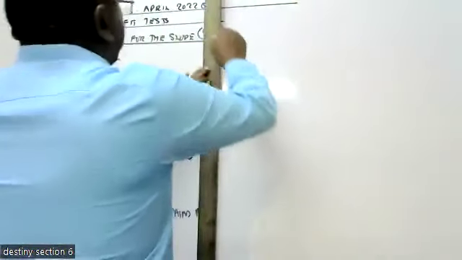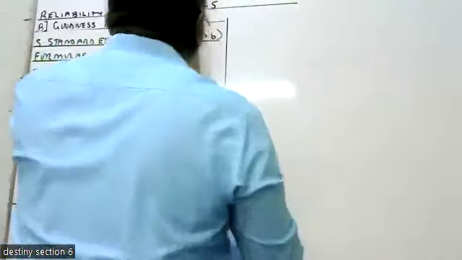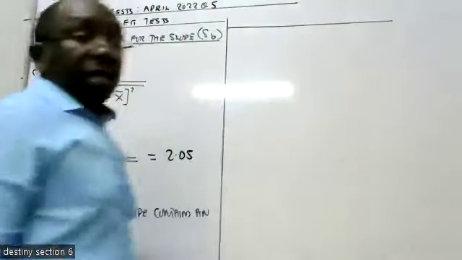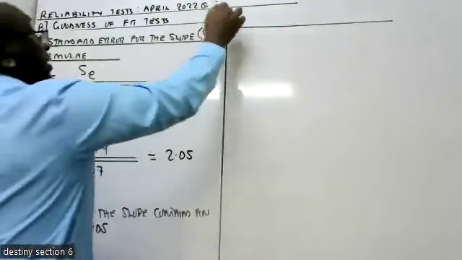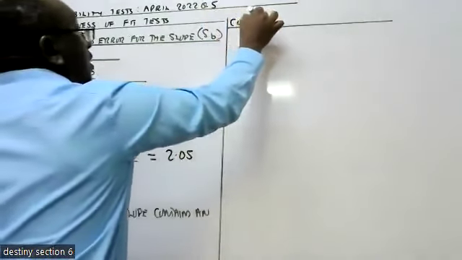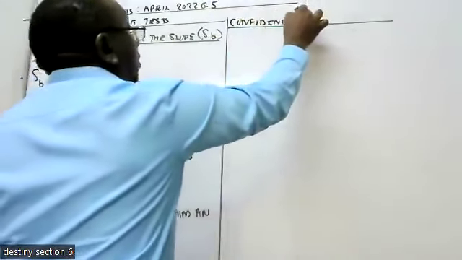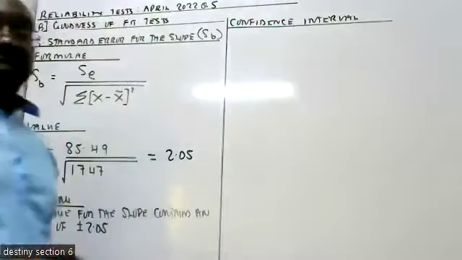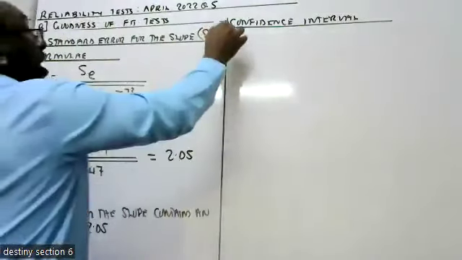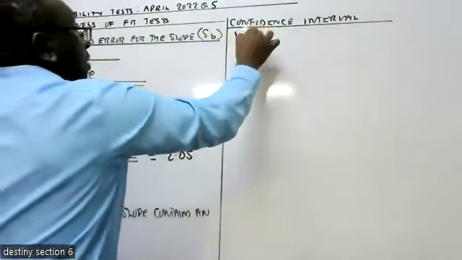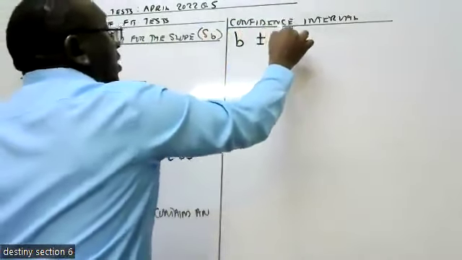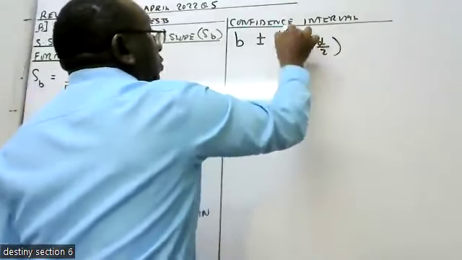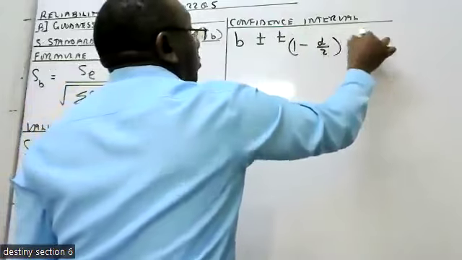Now in that case, they may ask you to get the confidence interval. If they want the confidence interval, the formula is B plus or minus T at 1 minus alpha out of 2, n minus 1.